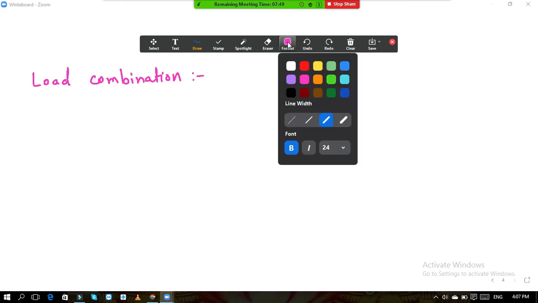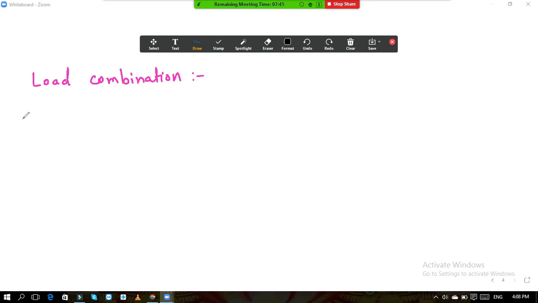So, load combinations and factors. Here I will give the heading load combination. You need to write it down in tabular form. In the load combination, there is dead load, then live load, and wind load or earthquake load.